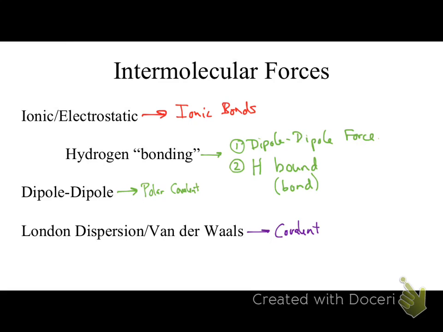What particular elements does it have to be bound to? Fluorine, oxygen, and nitrogen. If we have a hydrogen bound to fluorine, oxygen, or nitrogen, we have hydrogen bonding as a possibility.